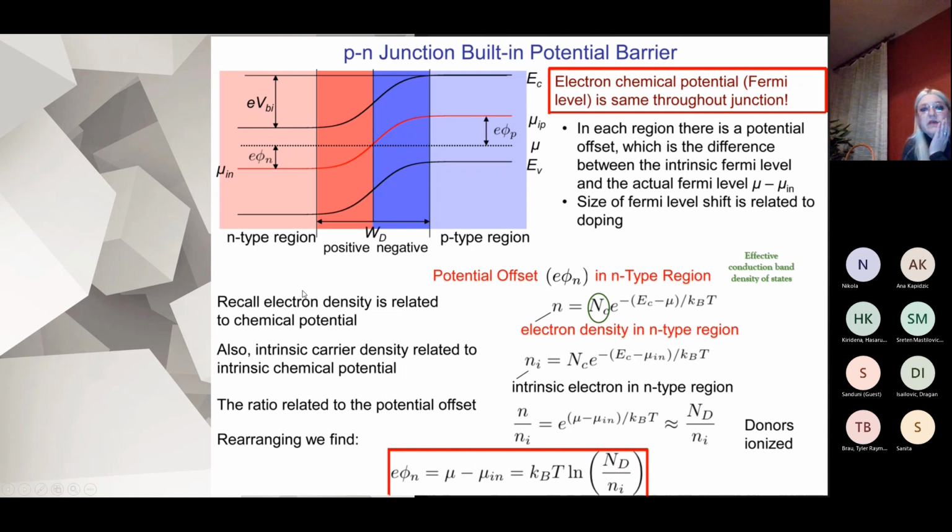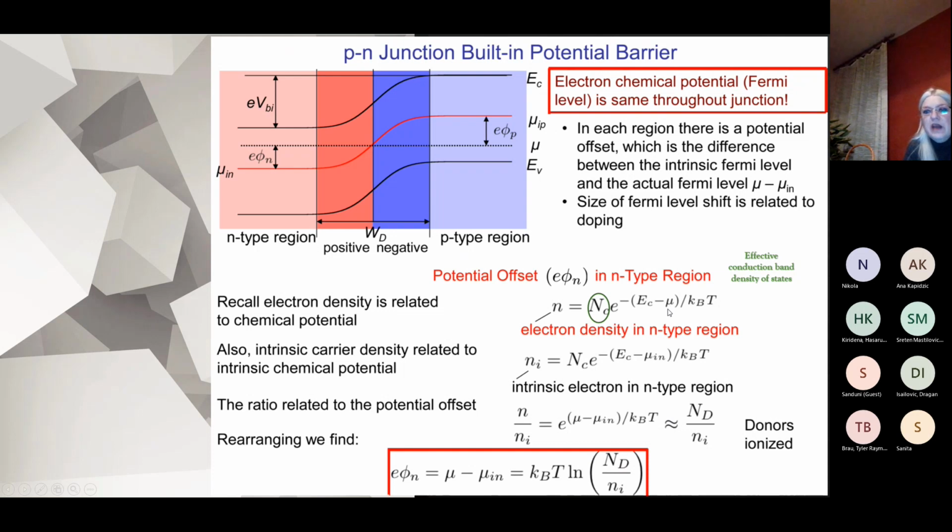We remind ourselves of an equation from the first lecture, where we expressed the electron density in the n-type region by this equation, where this is the effective conduction band density of states. Here you have an exponent with the bottom of the conduction band and the chemical potential.